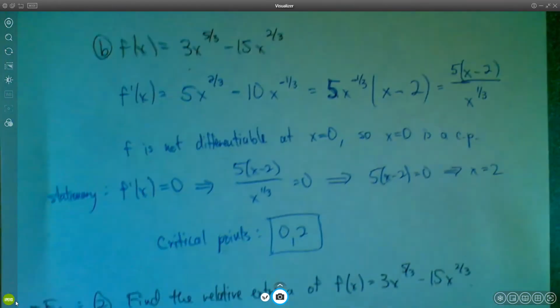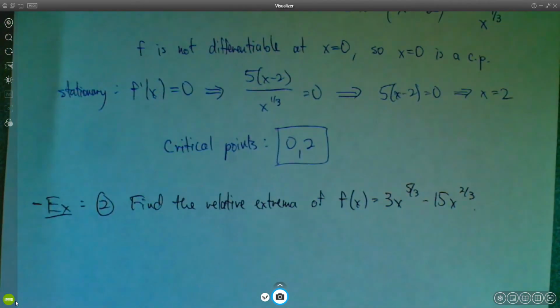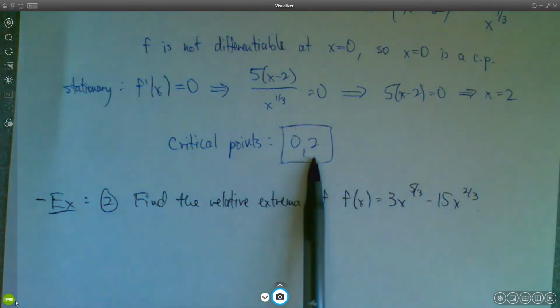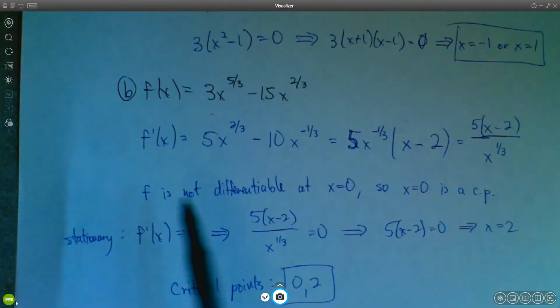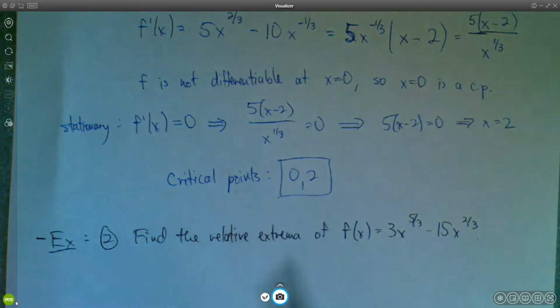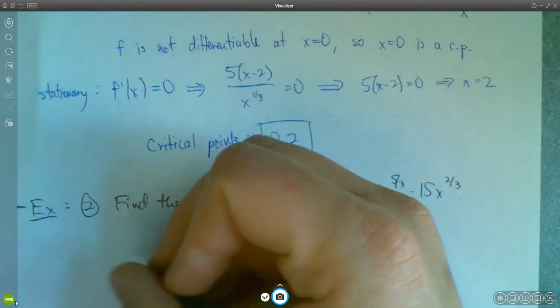Based on the work that we did in example 1 part B, we already know that the critical points are 0 and 2. Now to determine if those critical points are extrema, we need to determine if the derivative is changing sign at those points. And the only way to do that is make a sign chart.